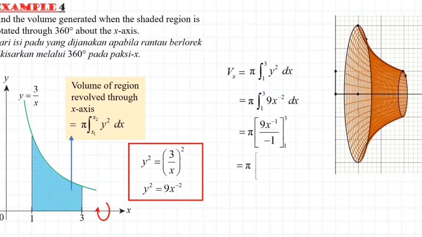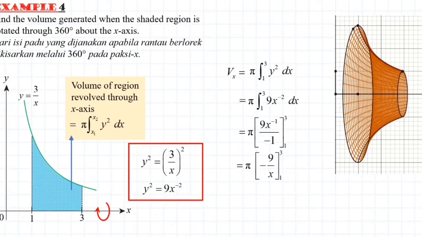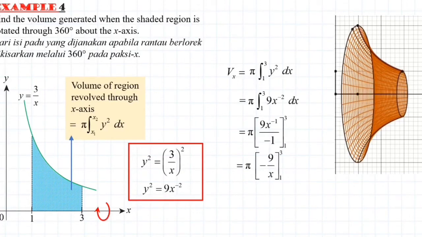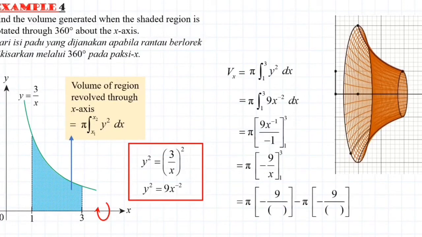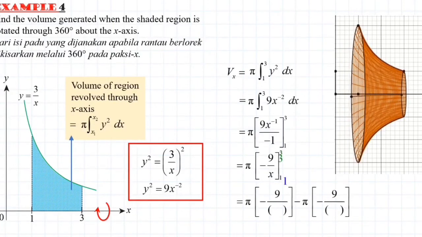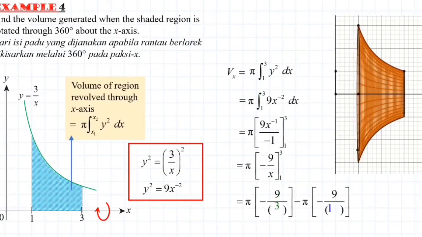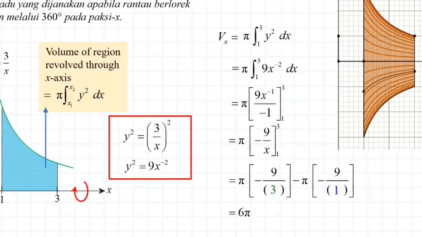Then you add 1 to the power, it becomes 9x to the power of negative 1 over negative 1, and the limit is from 1 to 3. Make sure you simplify first into fraction before you substitute the limit. Always simplify to the simplest form before you substitute the limit into the integrated function.